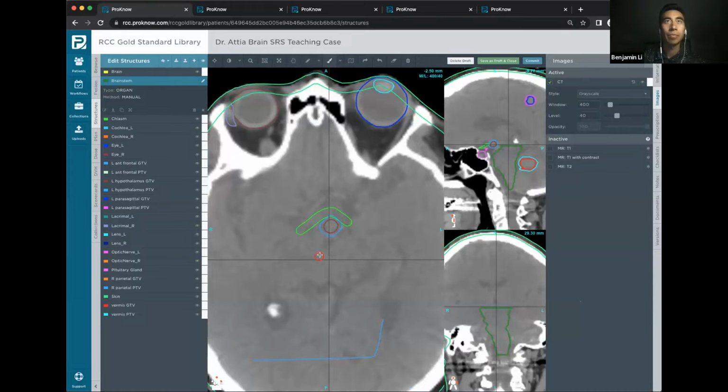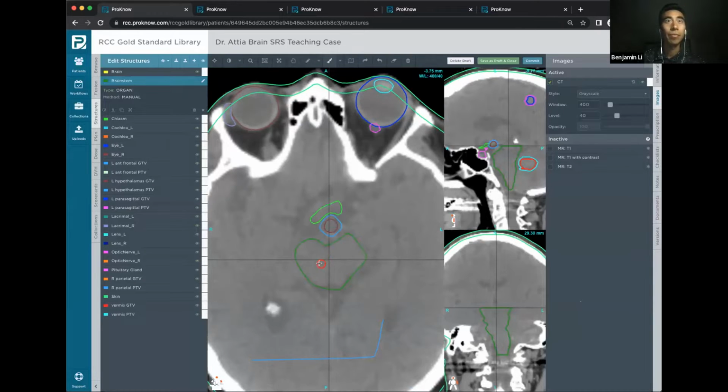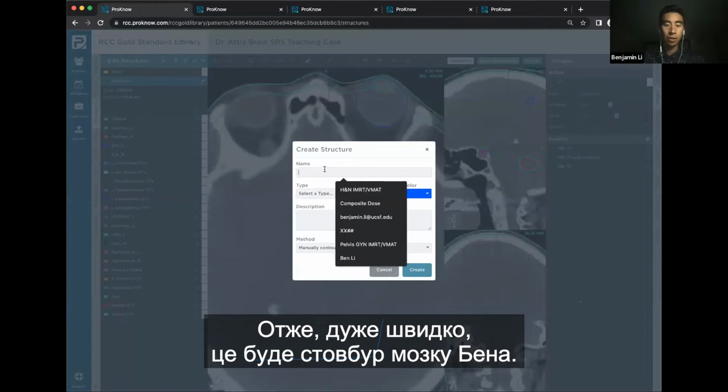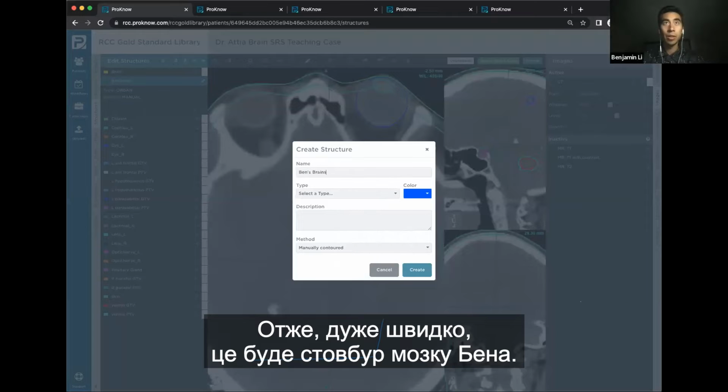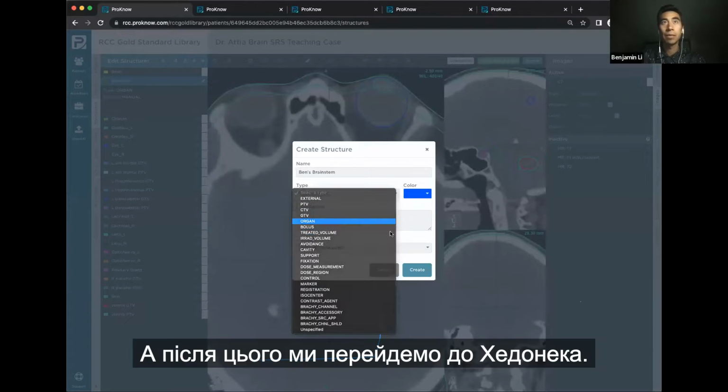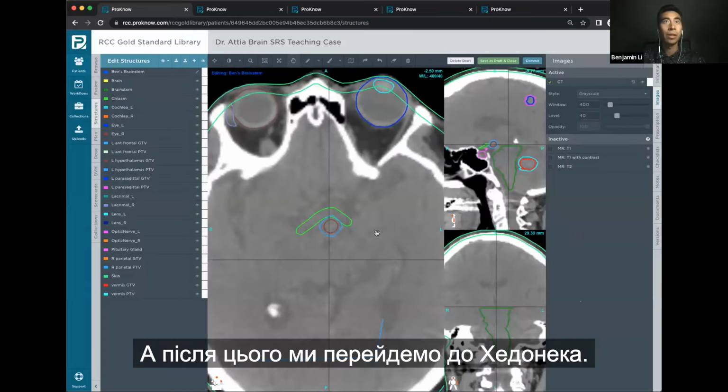So very quickly, this is going to be Ben's brainstem. And after this, we're going to move on to head and neck.